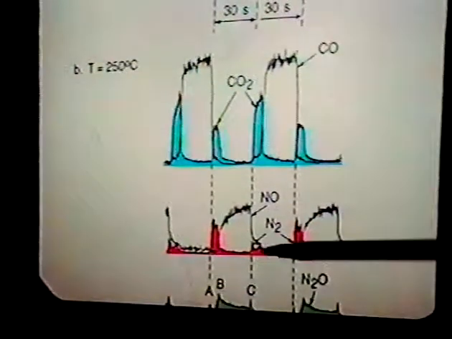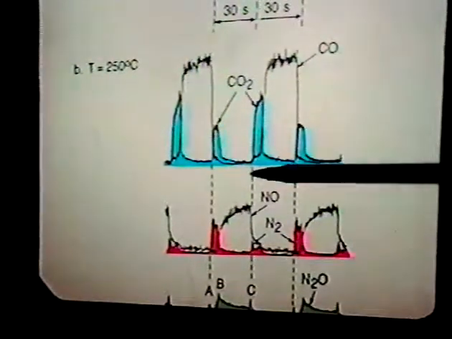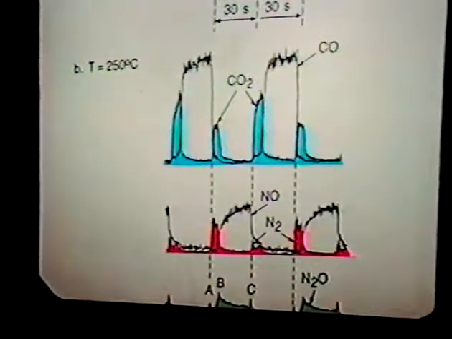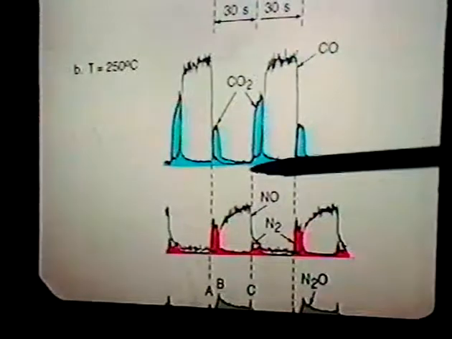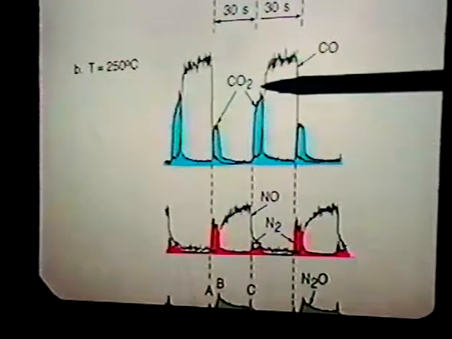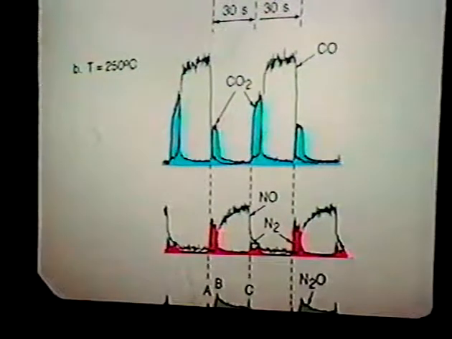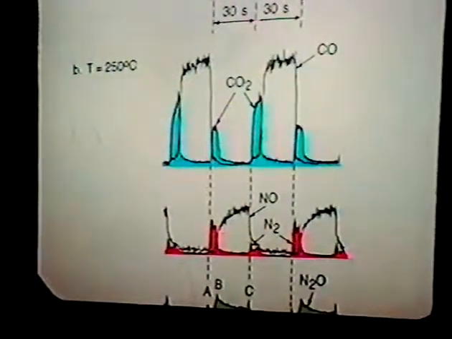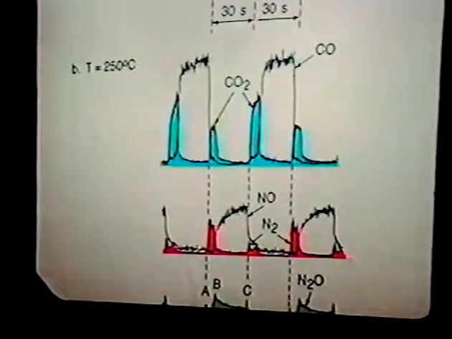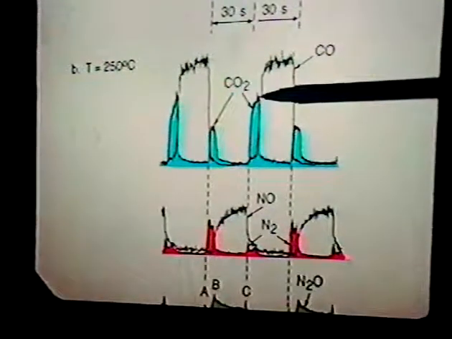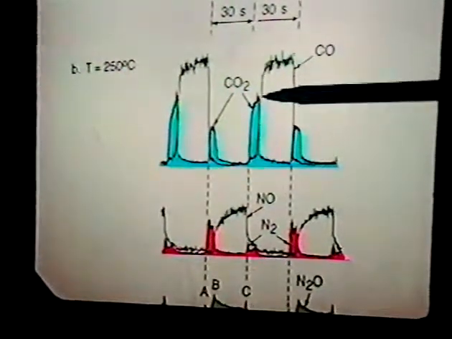At the end of the nitric oxide half cycle, or at the start of the carbon monoxide half cycle, CO2 is produced immediately because of carbon monoxide oxidation using the oxygen stored on the catalyst during the nitric oxide half cycle. When the oxygen is consumed, the carbon dioxide production stops.